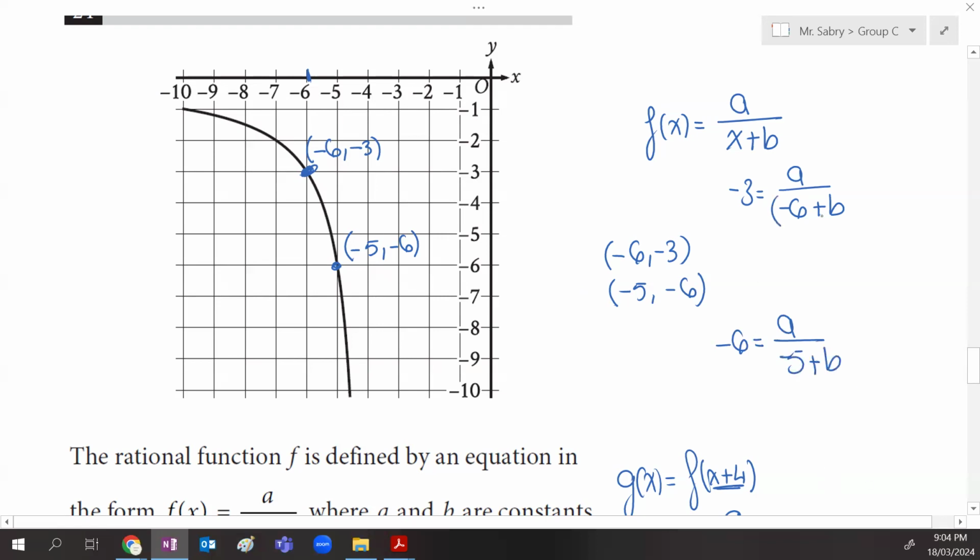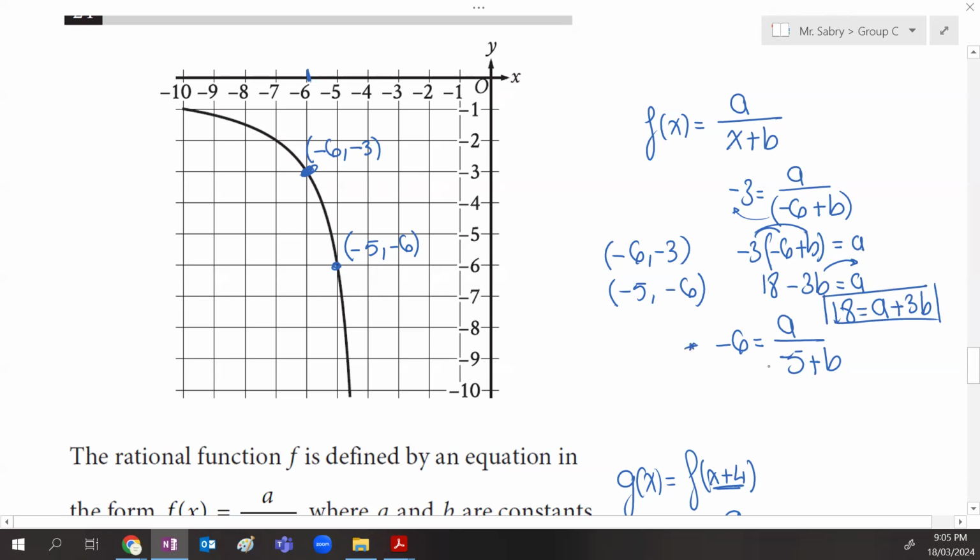Since this is a fraction with the denominator below, I can move it to the other side by multiplication. I'll have -3 times (-6 plus b) equals a. I can distribute and I'll get 18 minus 3b equals a. I'll move the b and the a to the same side, so it's now 18 equals a plus 3b. That's the first equation.